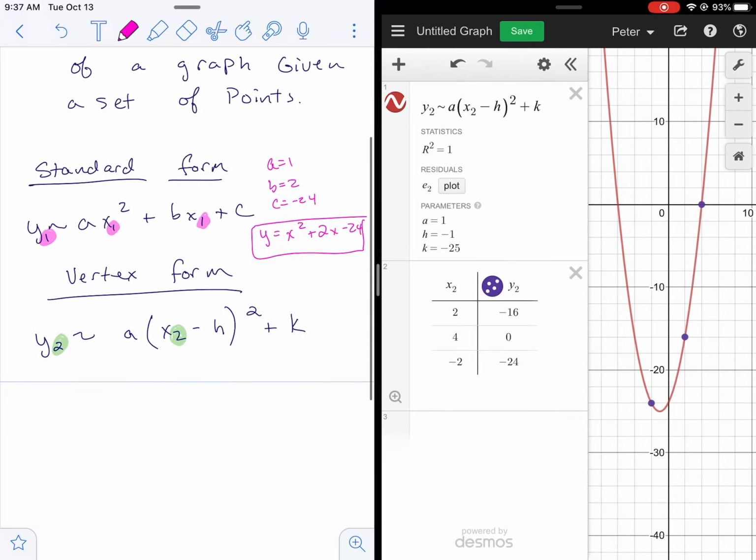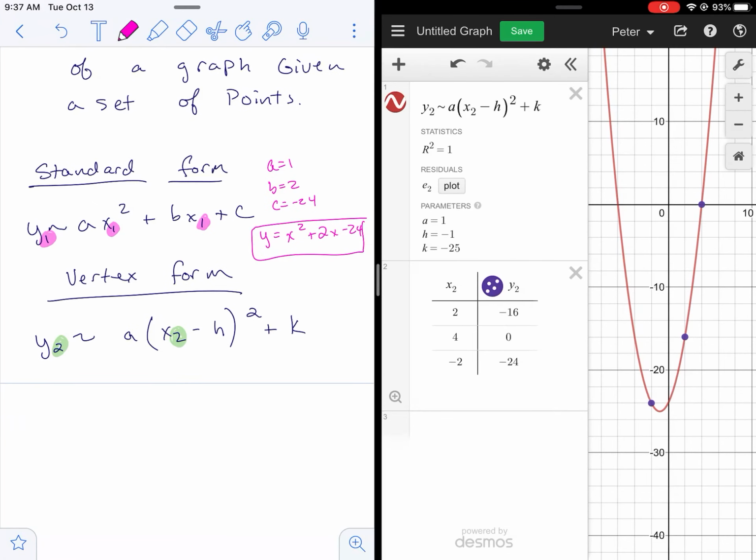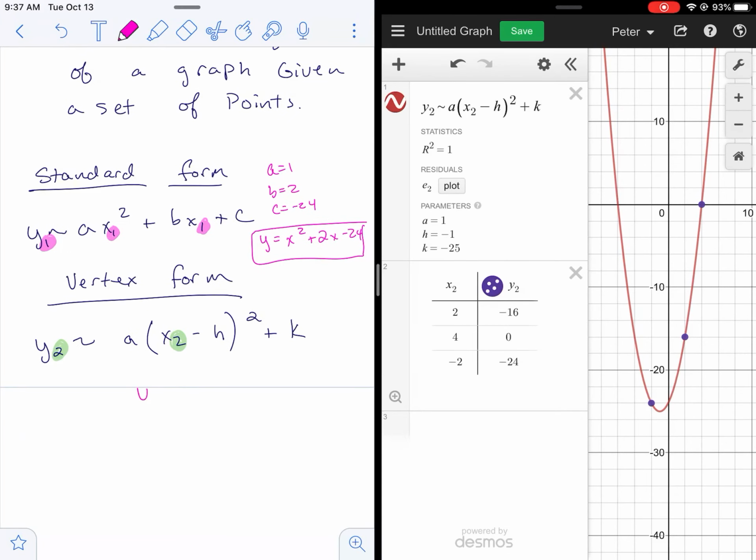So my equation is y equals 1 times x minus, I've got to flip that because it's minus 1, so I want to go plus 1. We do have to be careful about that.